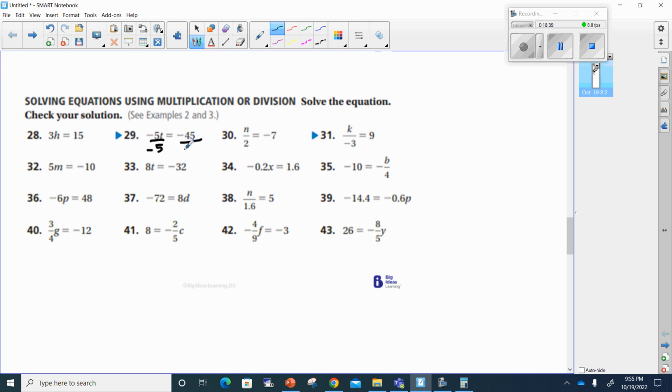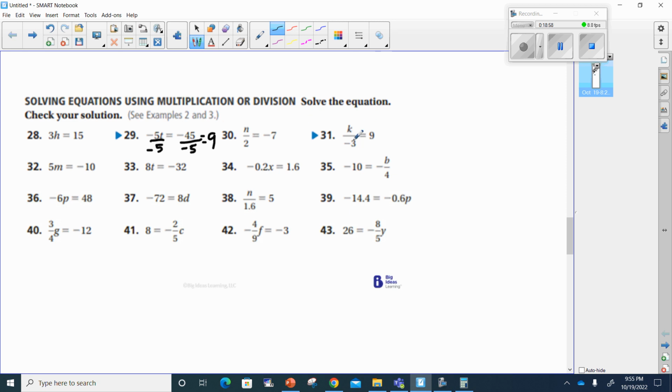And whatever I divide from one side, I divide from the other. Negative times a negative is a positive, and 45 divided by, excuse me, 45 divided by 5 equals 9. So the answer to 29 is 9, positive 9.